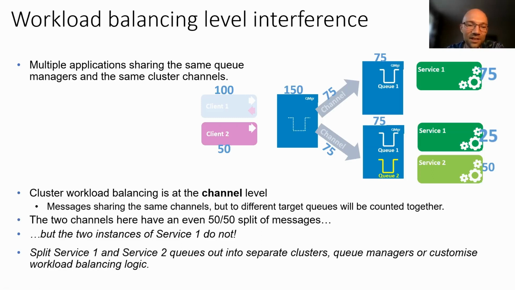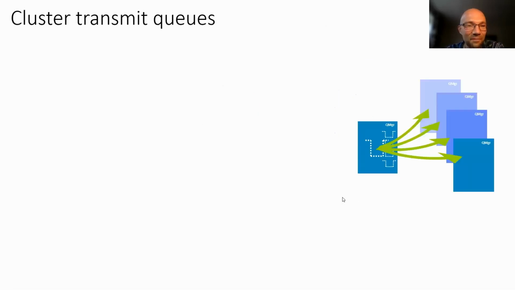A solution to this is to split the queues into different clusters, so that the workload balancing would then take place in two different clusters, and you'd be able to get even workload balancing between the different services. That's the way to get around that problem.